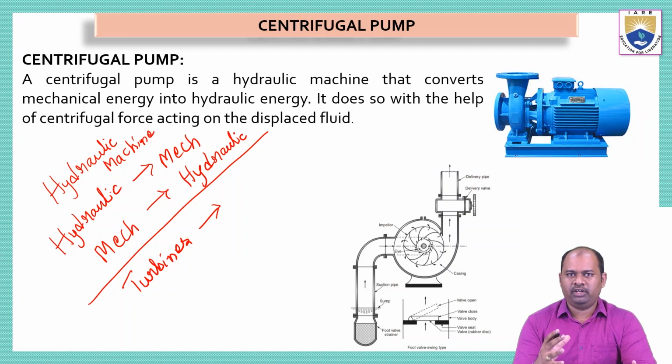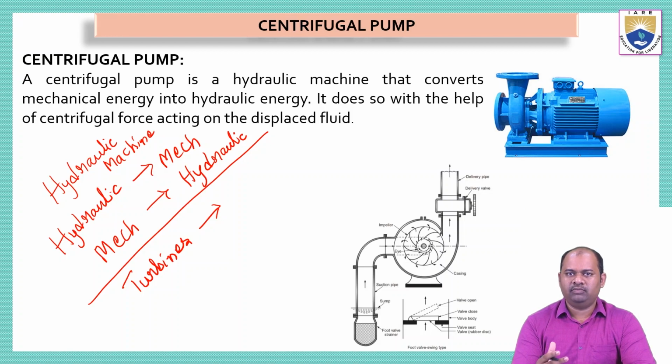We will have a reservoir where water is stored at a height, which we call head. When this water flows through a pipe called a penstock, it will have some velocity. Due to this velocity, it possesses some kind of energy, which is called hydraulic energy.